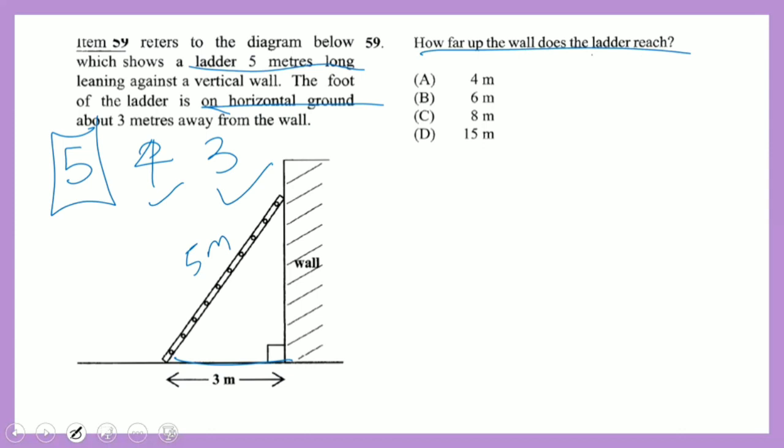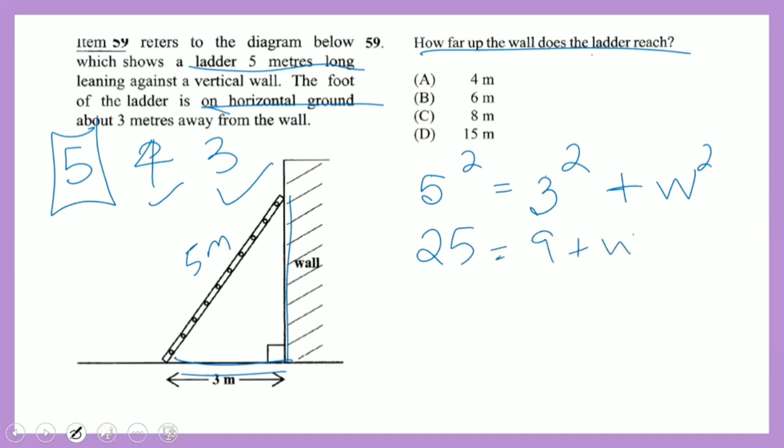All right, so here we go. We know that the hypotenuse squared is equal to one of the other sides squared. So let's put the 3 squared plus wall squared. We call it W squared. Oops, that should be a plus. All right, 25 equals 9 plus W squared.